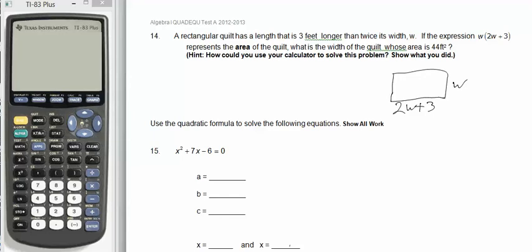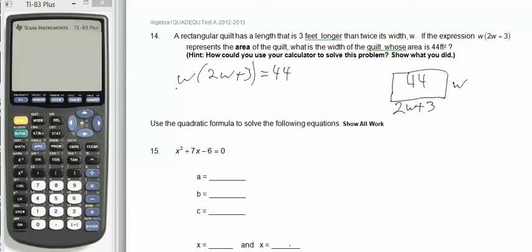So if the expression W times 2W plus 3 represents the area of the quilt, what's the width of a quilt whose area is 44 feet? So all we have to do is set this W times 2W plus 3 equals 44.